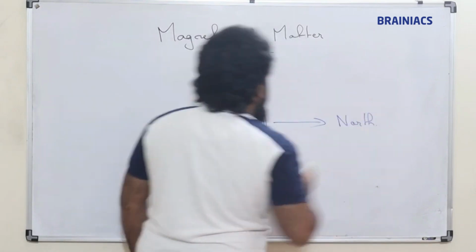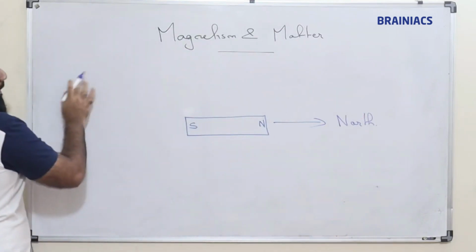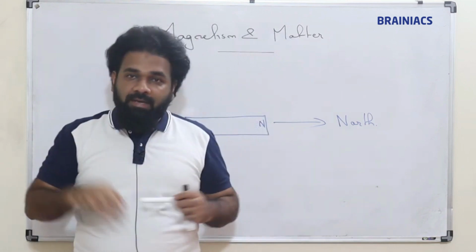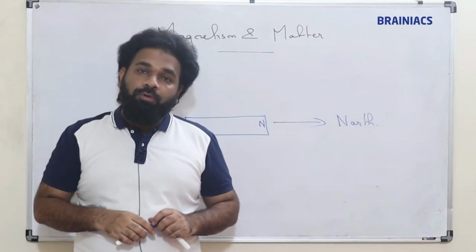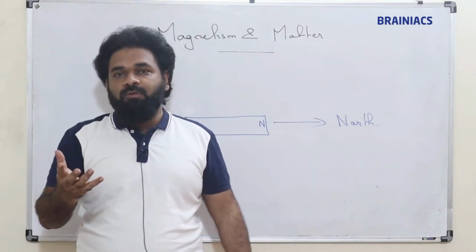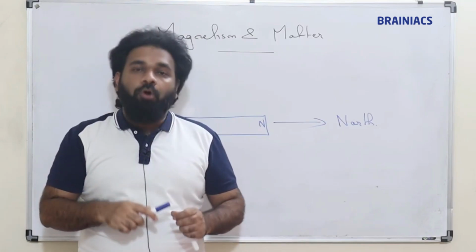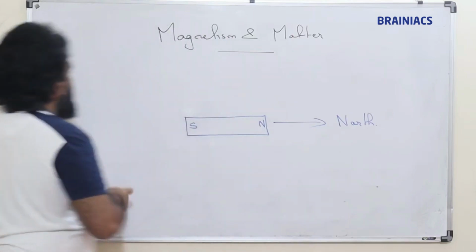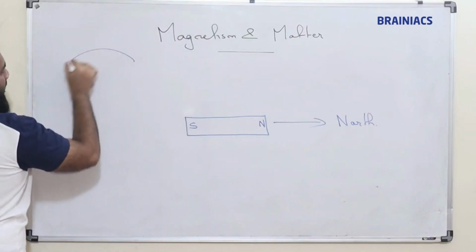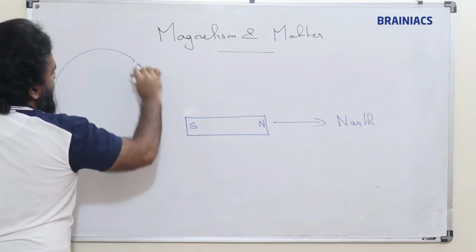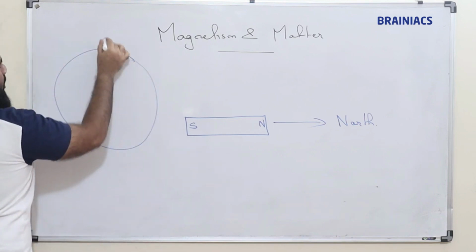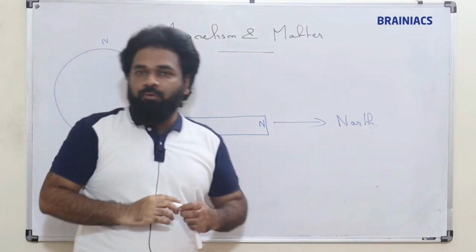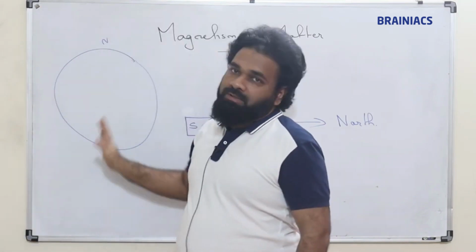Now here, when I say north, in this chapter we are going to study geographic north as well as magnetic north. If we consider the earth, this is geographic north and geographic south. Everyone knows about geographic north and south.